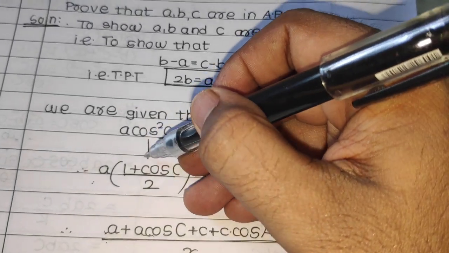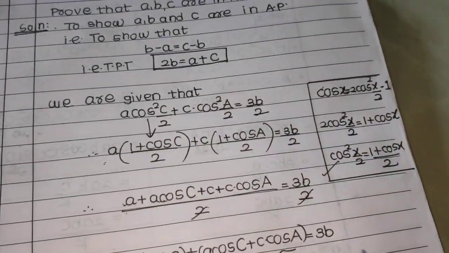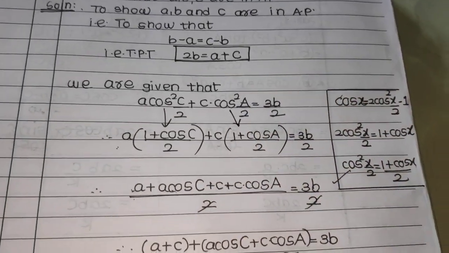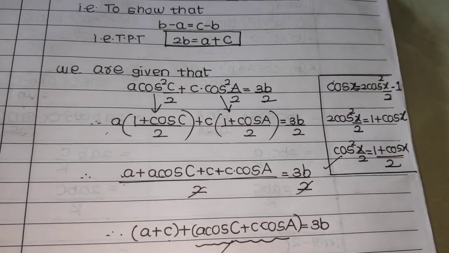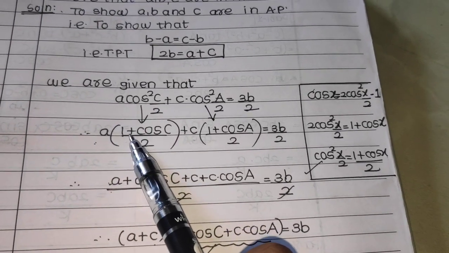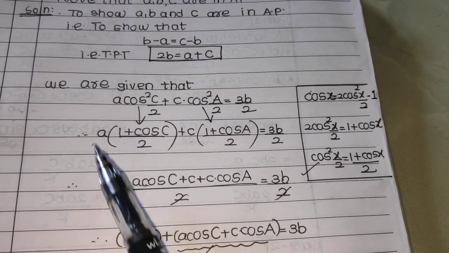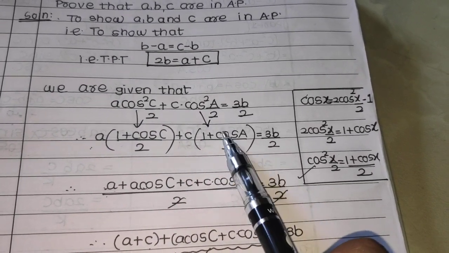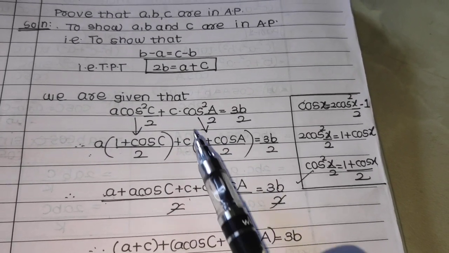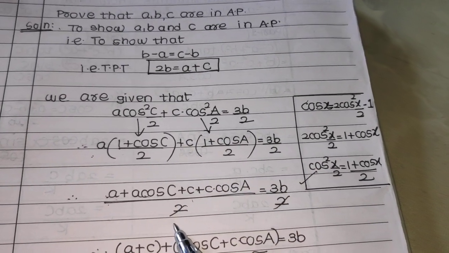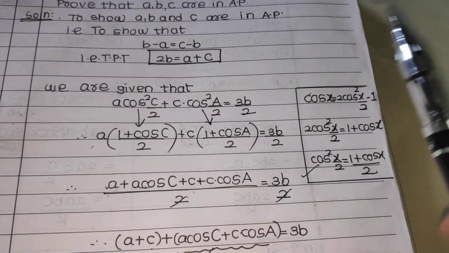This is the formula for cos square C by 2 and cos square A by 2. Then I multiply inside with a: a into 1 is a, a into cos C is a cos C, c into 1 is c, c into cos A is c cos A, whole divided by 2, equal to 3b by 2.